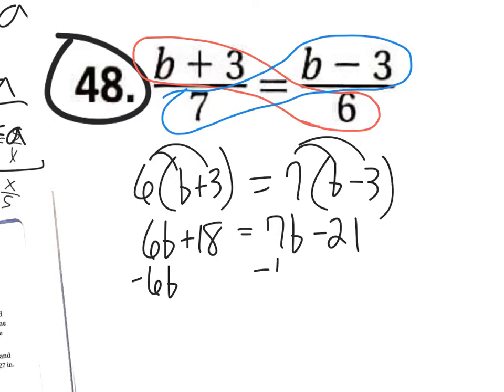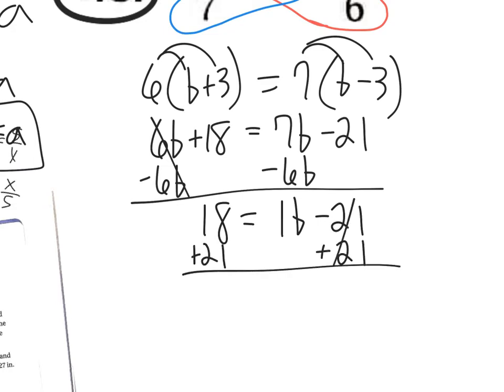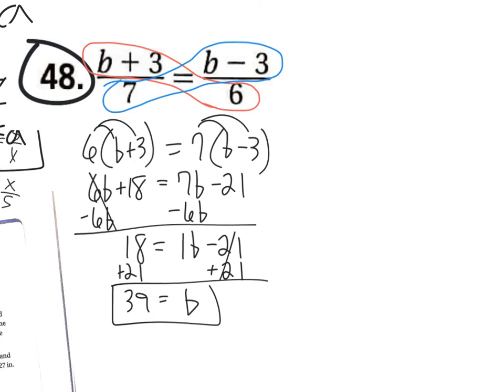If you'd like a positive coefficient, you could subtract 6b on both sides. And then finally they're subtracting 21. You could add 21 on both sides. That's a 1b, which is the same as b. So b equals 39.